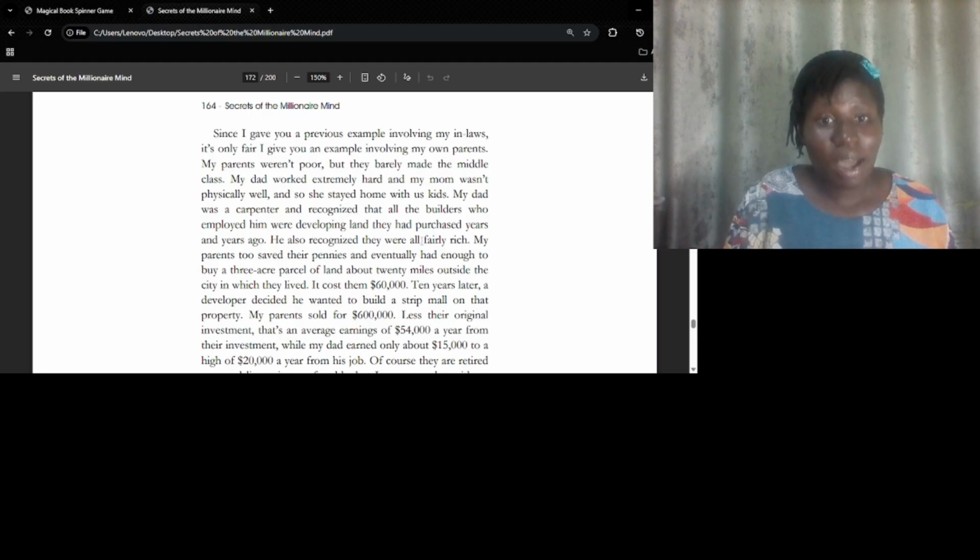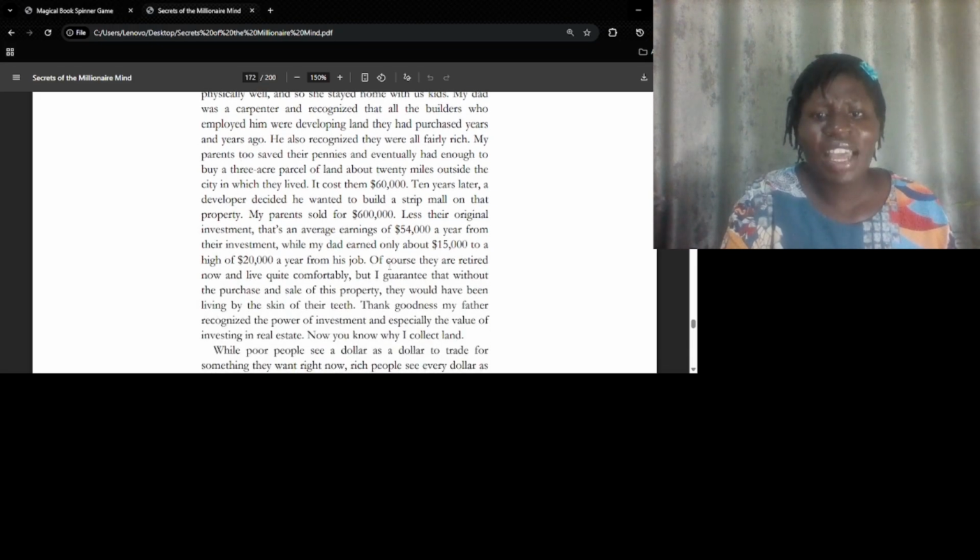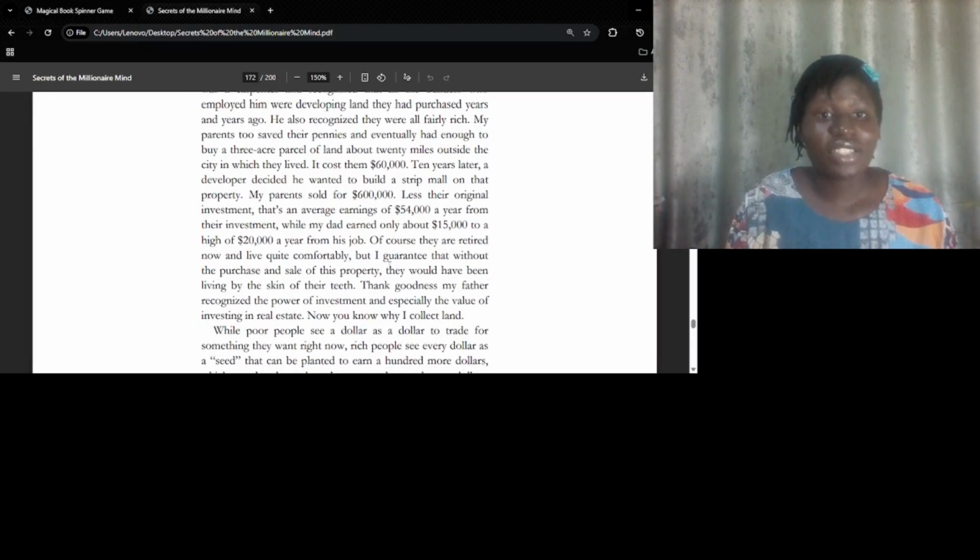My dad was a carpenter and recognized that all the builders who employed him were developing land they had purchased years and years ago. He also recognized they were all fairly rich. My parents too saved their pennies and eventually had enough to buy a 3-acre parcel of land about 20 miles outside the city in which they lived. It cost them $60,000.